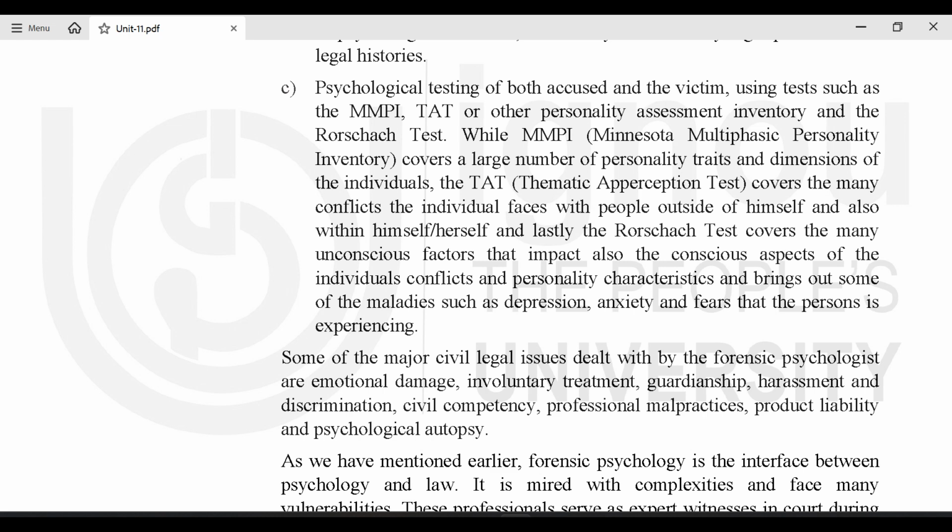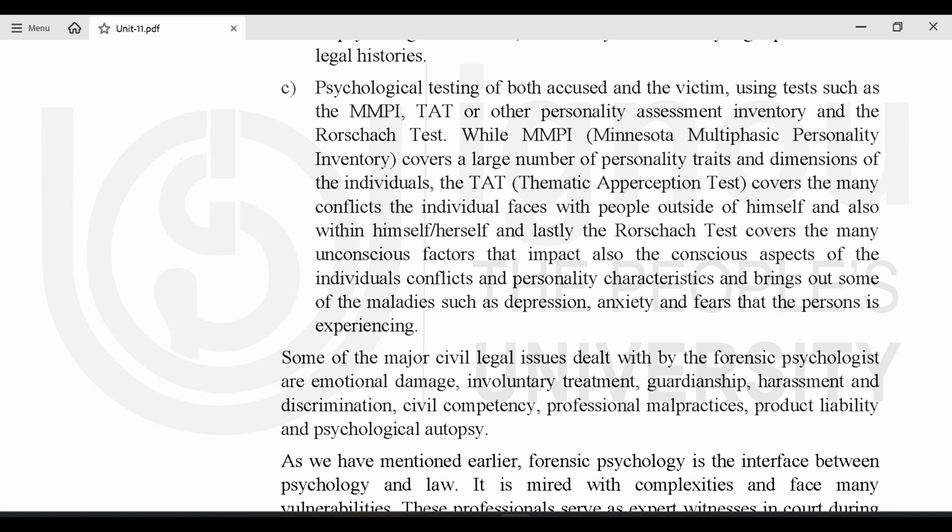While the MMPI, Minnesota Multiphasic Personality Inventory, covers a large number of personality traits and dimensions of the individuals, the TAT, Thematic Apperception Test, covers the many conflicts the individual faces with people outside of himself and also within himself or herself, and lastly the Rorschach test covers the many unconscious factors that impact also the conscious aspects of the individual's conflicts and personality characteristics and brings out some of the maladies such as depression, anxiety and fears that the person is experiencing.